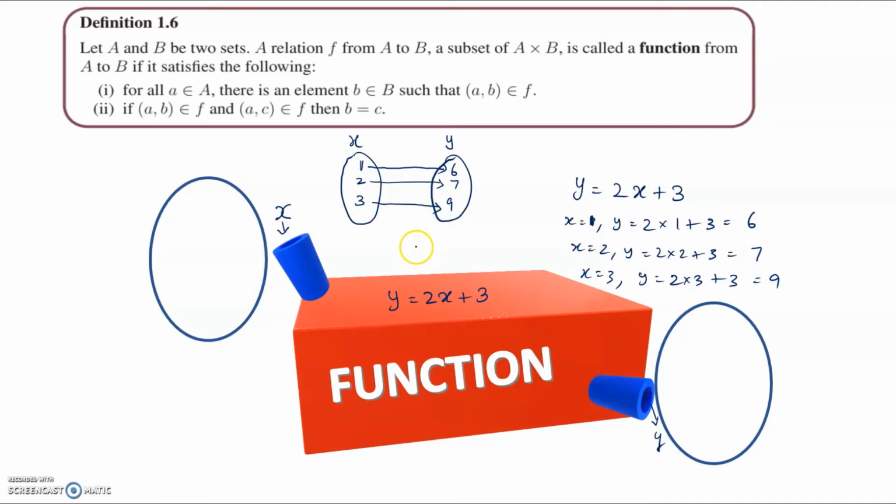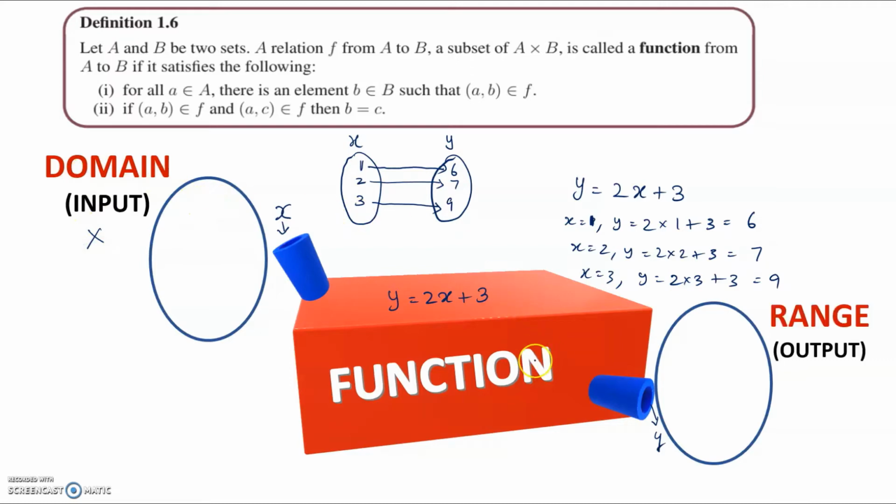So that's a function. In a function, the condition is 3 cannot be related to two numbers in y. This is called a domain. x is your domain, and that's the input, and y is your range, that's your output. So whatever you put in the input, x, should give you only one value of y.